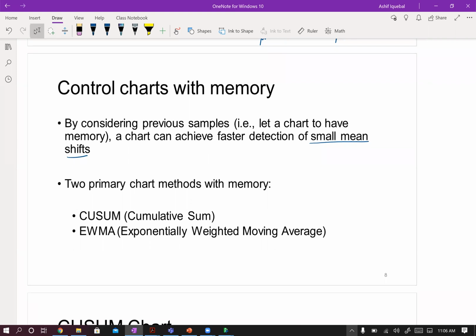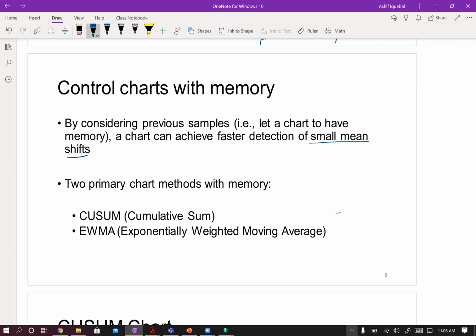Actually, there are lots of methods that use memory, but the two most fundamental methods are the CUSUM chart, which is cumulative sum, and EWMA, which is exponentially weighted moving average. These methods were developed around the late 1950s and 1960s.